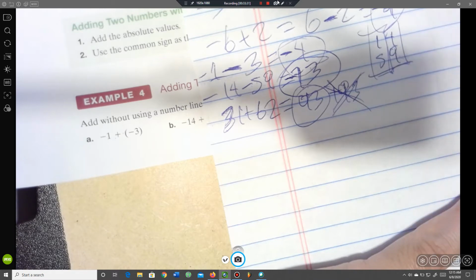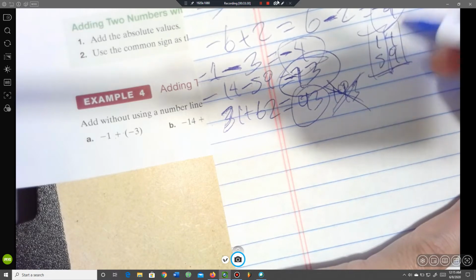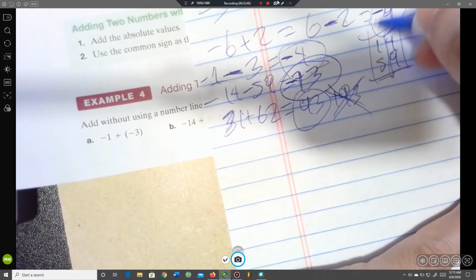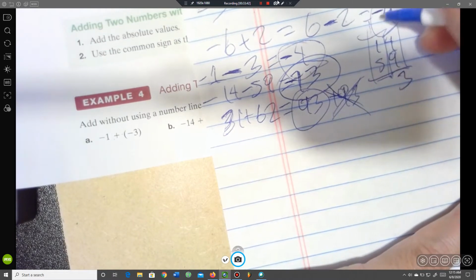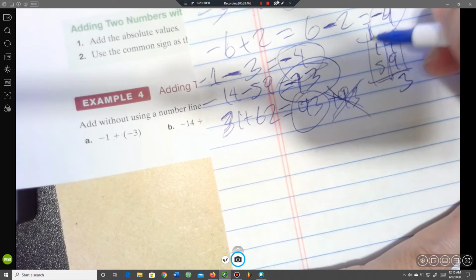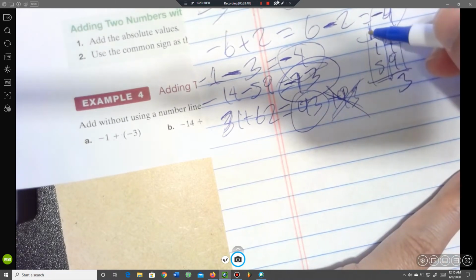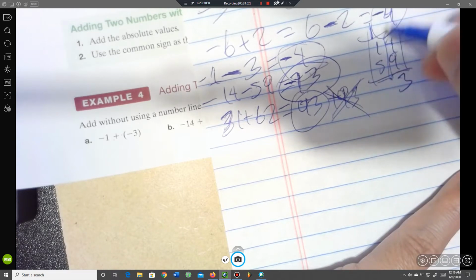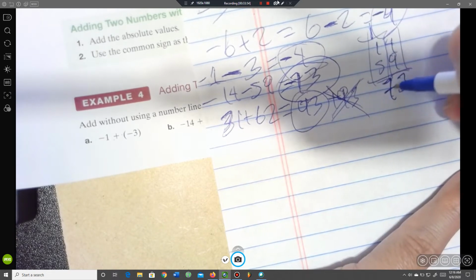Okay, and then from here, just add them up. 9 plus 4 is 13. Well, 3 and carry the 1. That's what's going on. Okay, 3 carry the 1, and then 5 plus 1 plus 1, that's 7. 73.